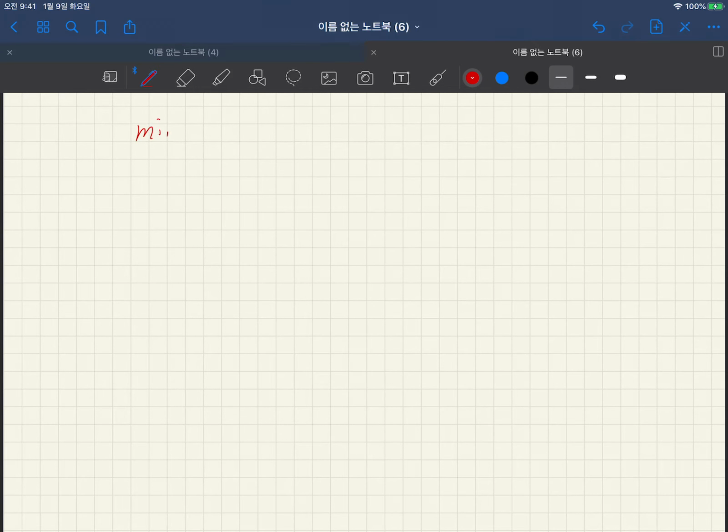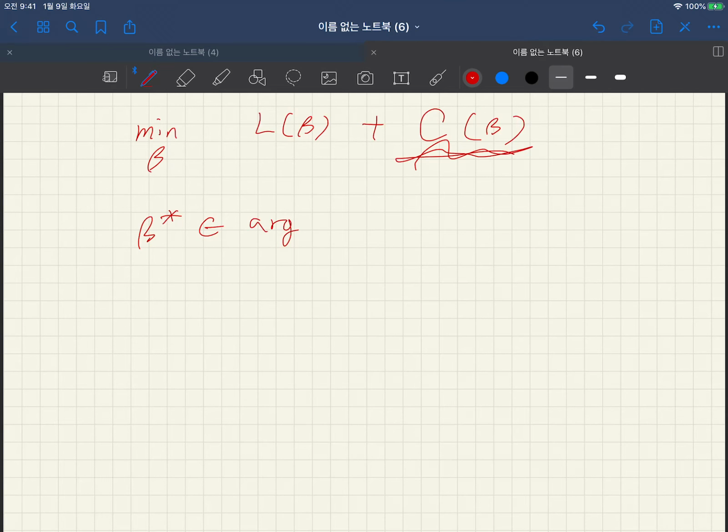We can introduce some cost function, some additional function C, and solve this new optimization problem. Because of this additional cost function term, when you solve this, your solution beta star will have some optimization gap.